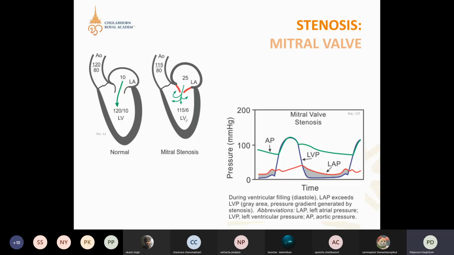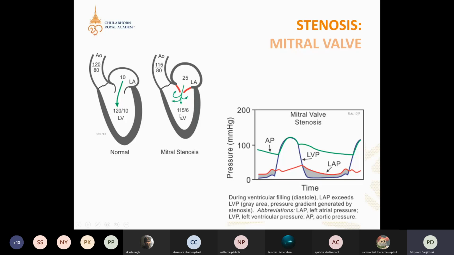If the blood is less than normal, the LV contraction will not be as capable of pumping out the blood as normal.